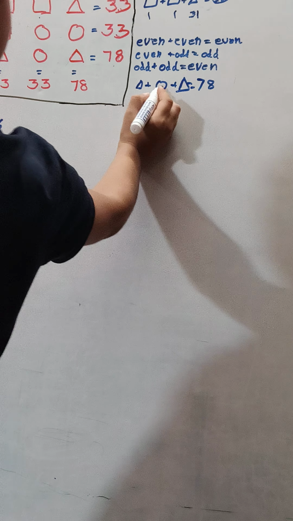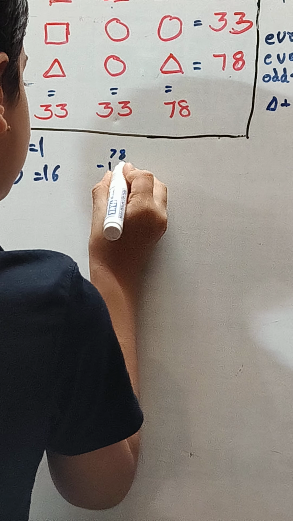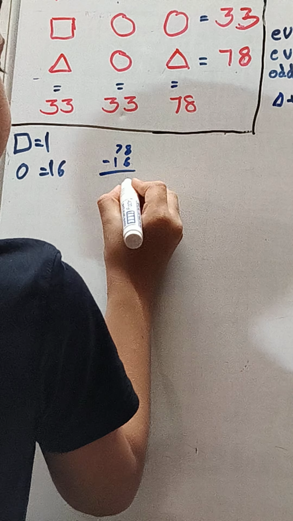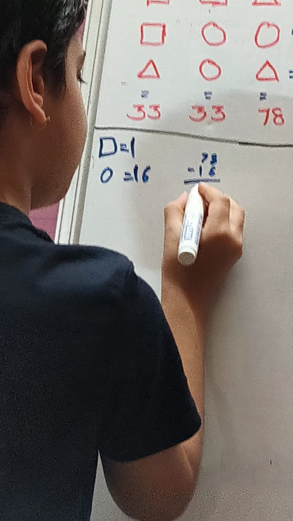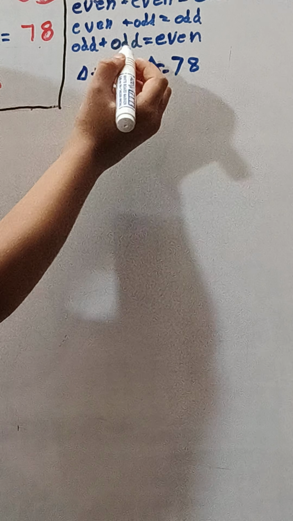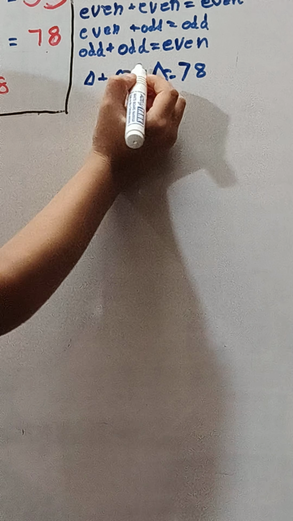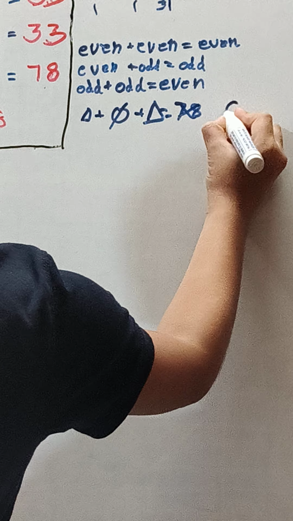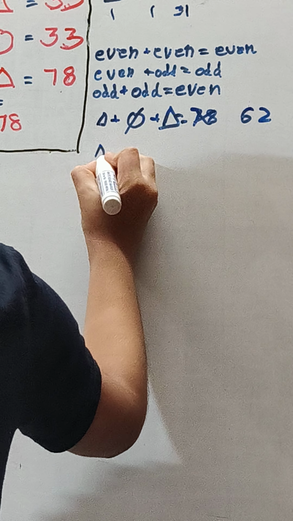So let us make 78 minus 16. 8 minus 6 is equal to 2, and 7 minus 1 is equal to 6. When you get 62, now you got 62 as the answer. You have these both, triangle plus triangle is equal to 62.